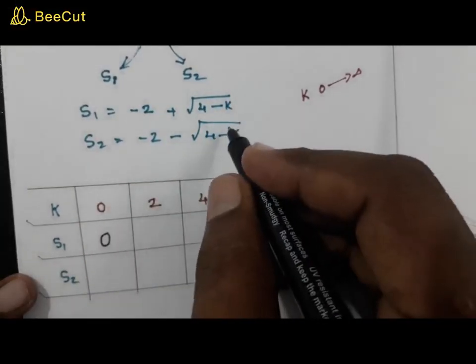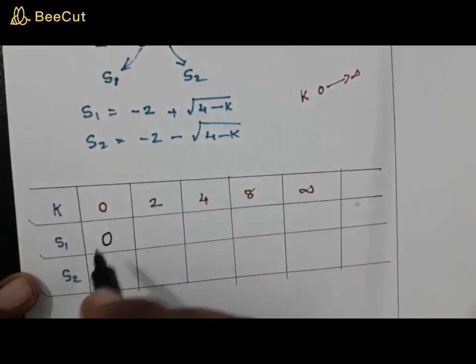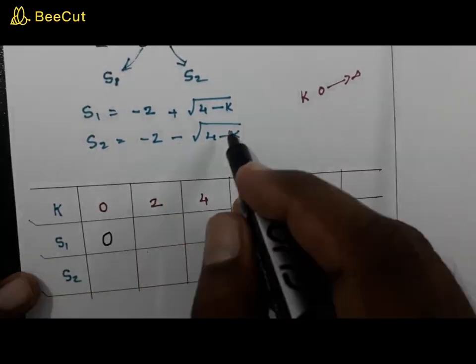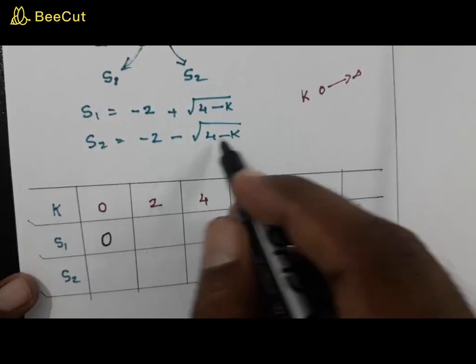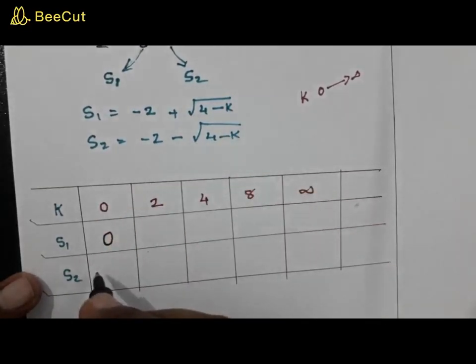Again for s2, when k is equal to 0, this is minus 2 minus 2, which is actually equal to minus 4.